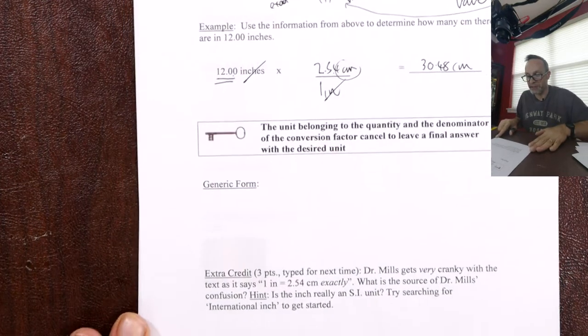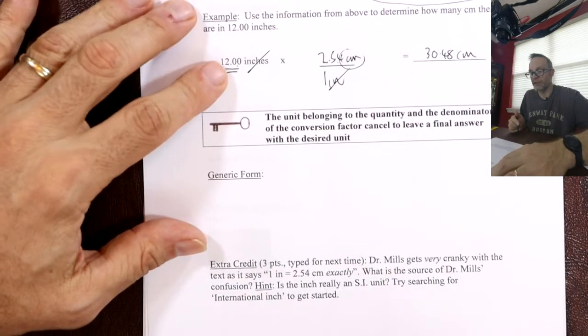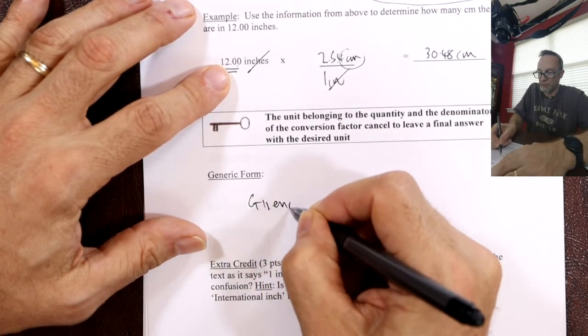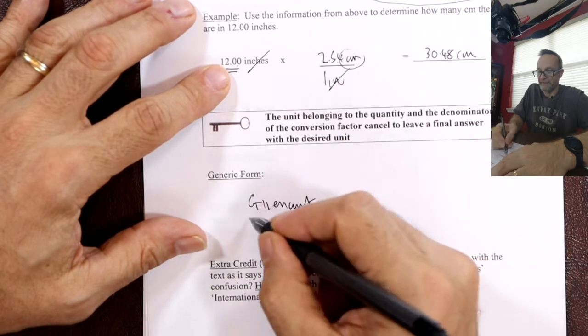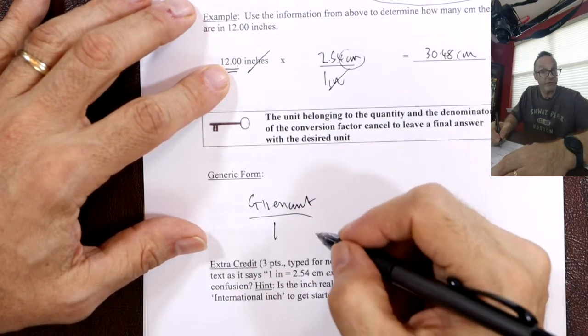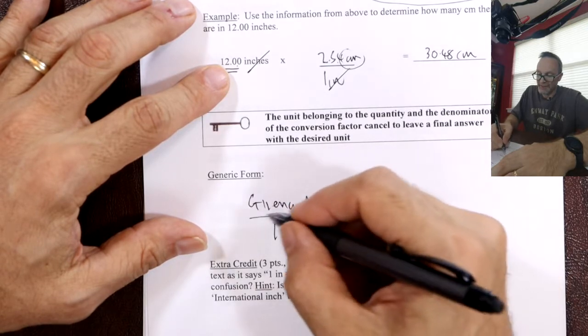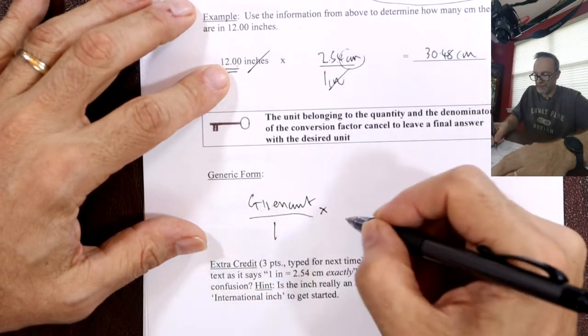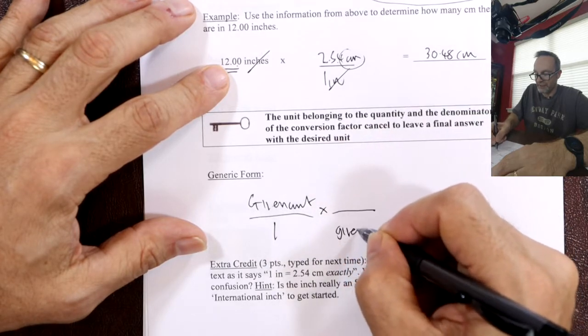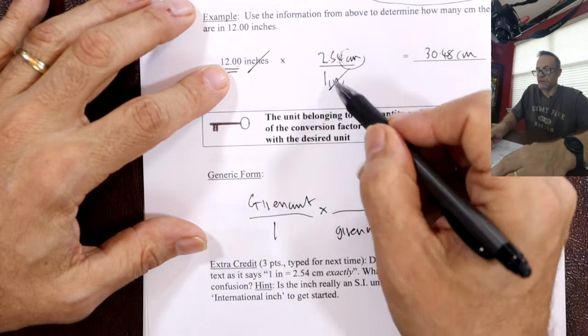Okay, now generically speaking, we start with a given quantity, right? Inches here, right? So we have a given unit. We're talking about dimensional analysis now, right? And we also kind of put it over 1. Maybe you've done those train track things in high school or something. That's fine, you can still do that. But I like to say, hey, if it's on top, put a 1 underneath, all right? And then the fraction, I have the given unit underneath, inches and inches, right?